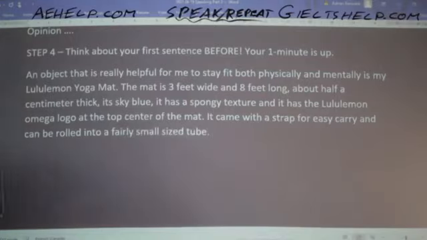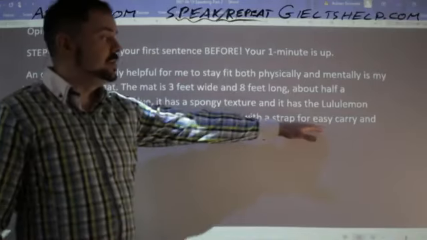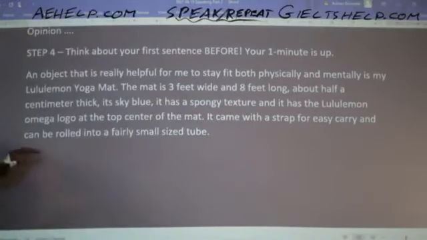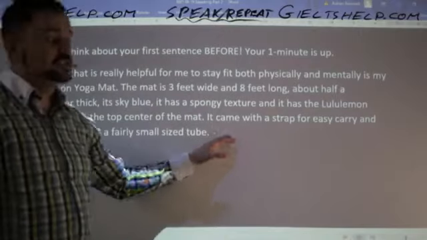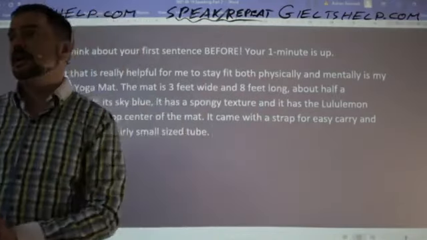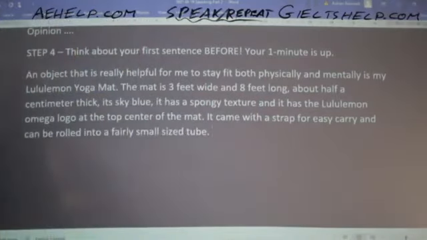Okay, so there's some more description there. So it came with a strap for easy carry, and it can be rolled into a fairly small size tube. Okay, you're picking up lexical resource marks left, right, and center.